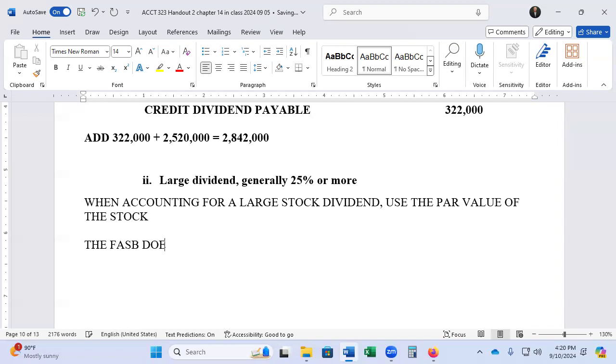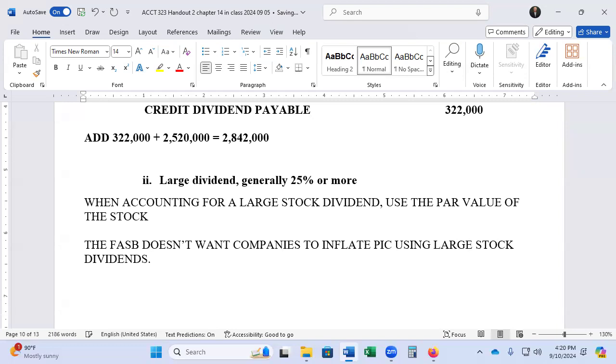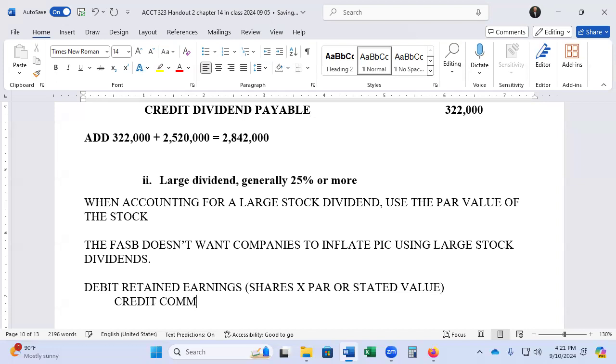The FASB doesn't want companies to inflate paid in capital using large stock dividends. And so the debit would be to retained earnings, and you have the number of shares times par or stated value. And then the credit to common stock dividend payable.